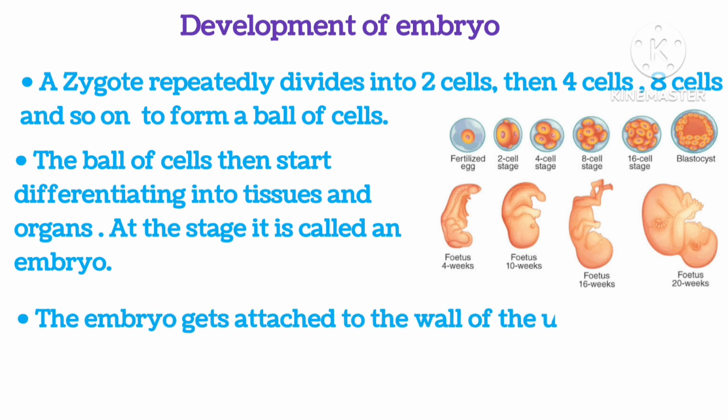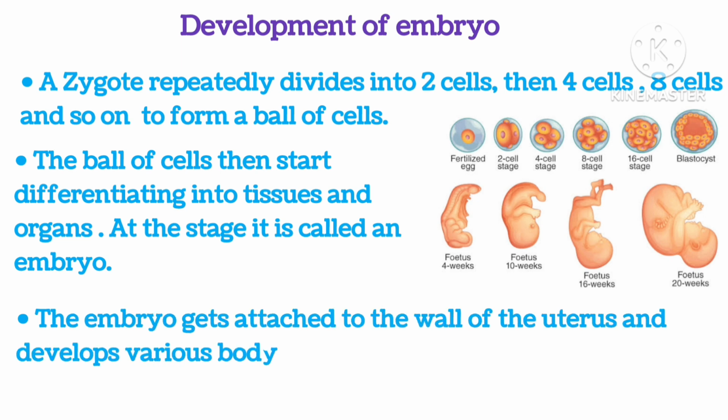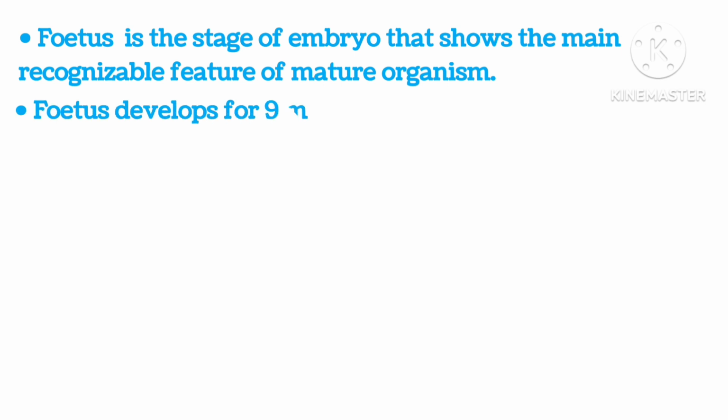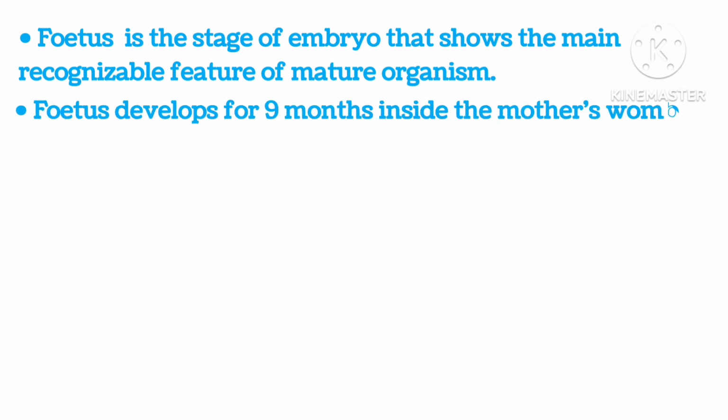The embryo gets attached to the walls of the uterus and develops various body parts such as hands, legs, etc. Fetus is the stage of the embryo that shows the main recognizable features of a mature organism. Fetus develops for 9 months inside the mother's womb and then is delivered.